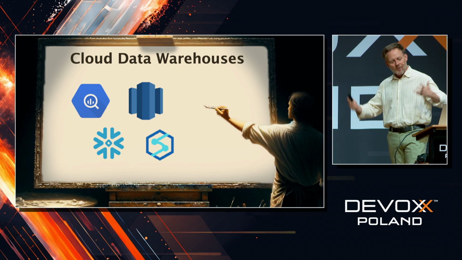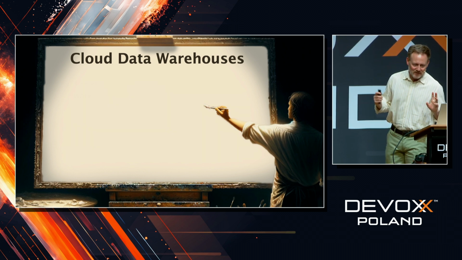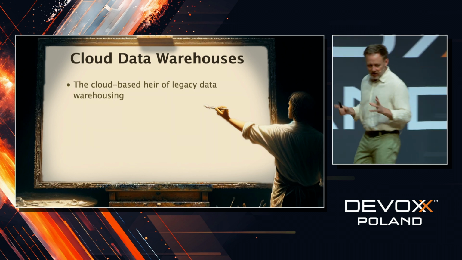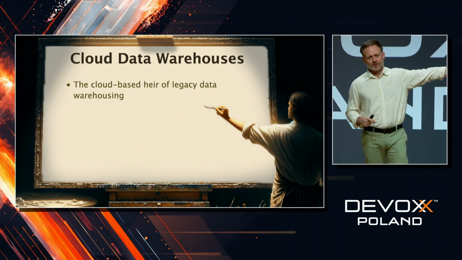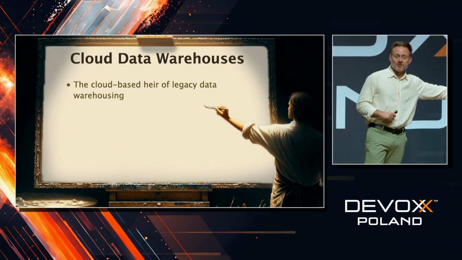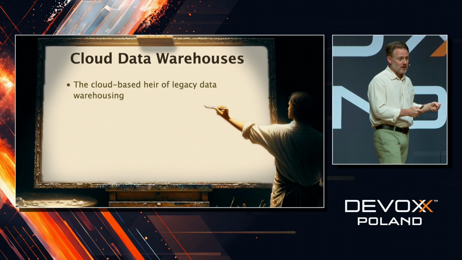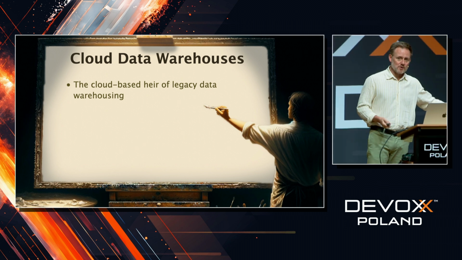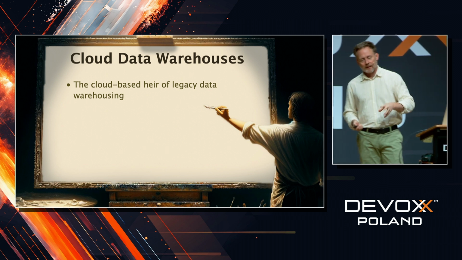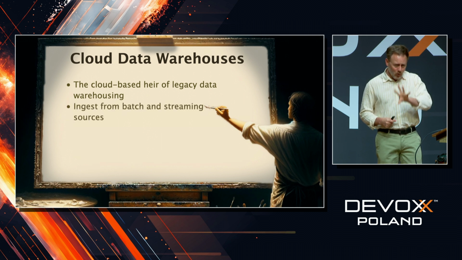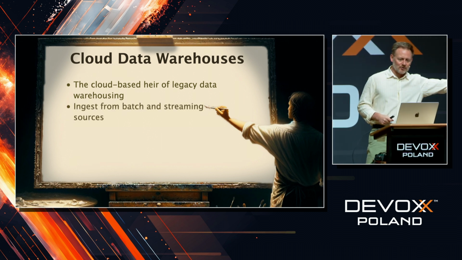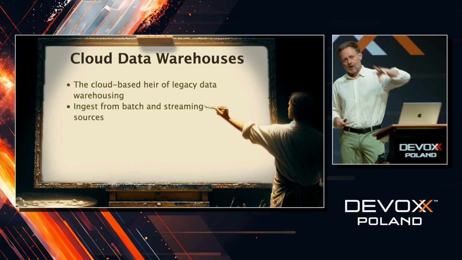Maybe it's evoking water. So anyway, these are the cloud-based heirs of old school Kimball, Inmon data warehousing, the stuff that started late 80s, early 90s, that was running on relational databases, that later turned into the big data systems like Hadoop and Spark to some degree, but more like legacy data warehousing in that they are structured.